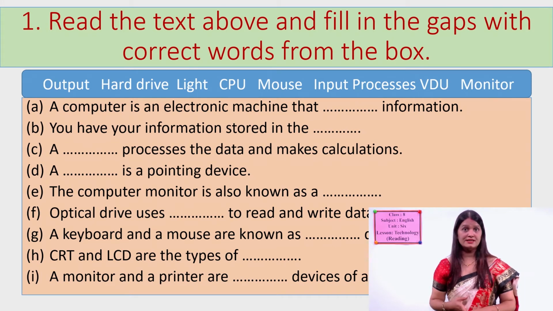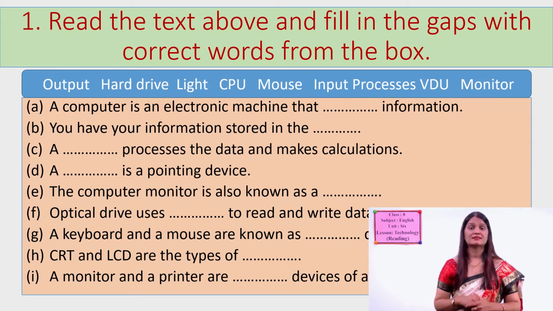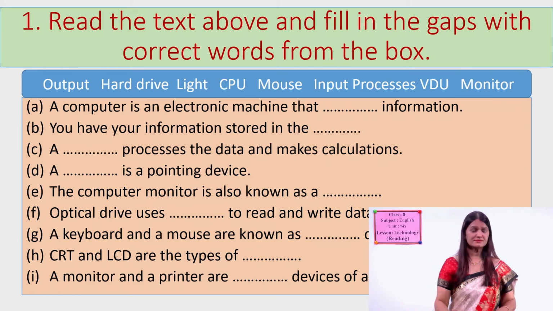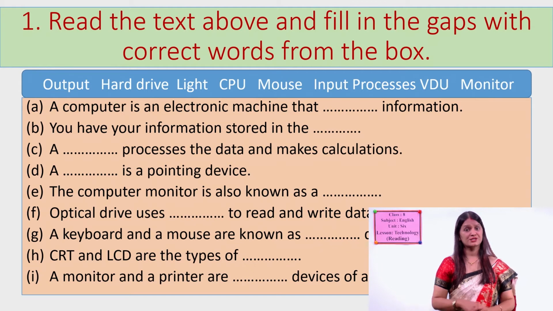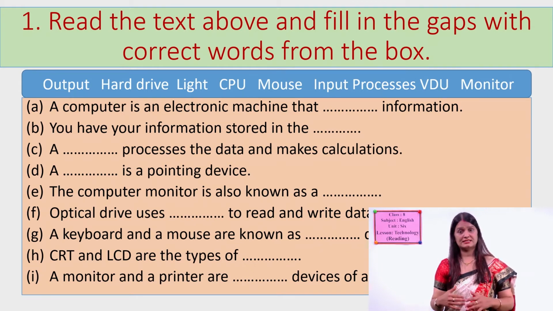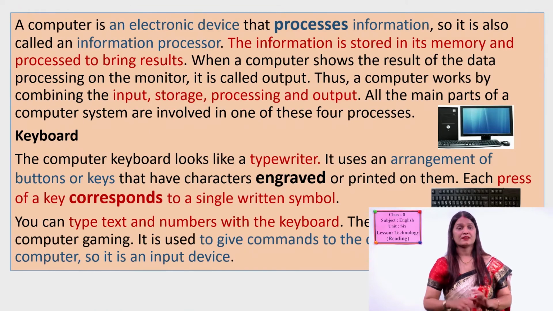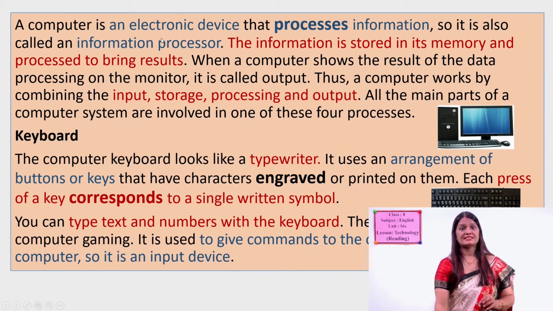I'd like to show you one example, and with the help of one example, you will do the rest yourself. A computer is an electronic machine that, okay, where can we find these lines? Just look here. A computer is an electronic device that processes information. Up to this, you have got this statement, right? So after that, what is the word?